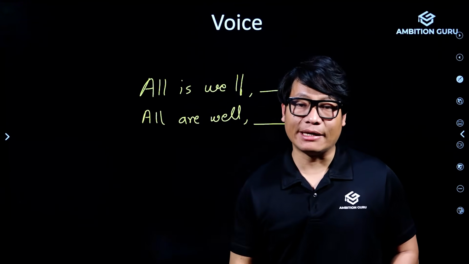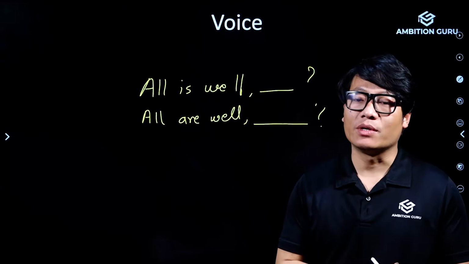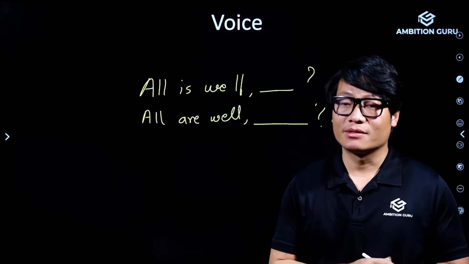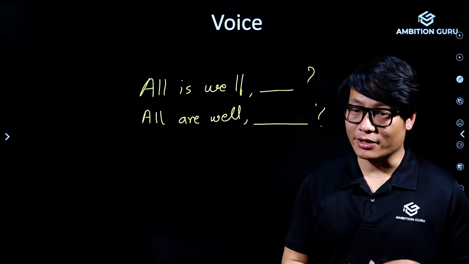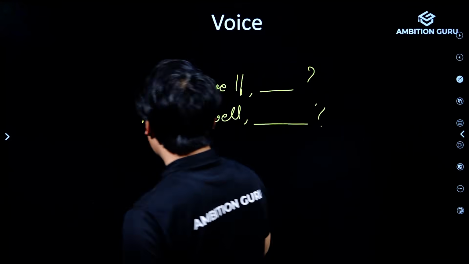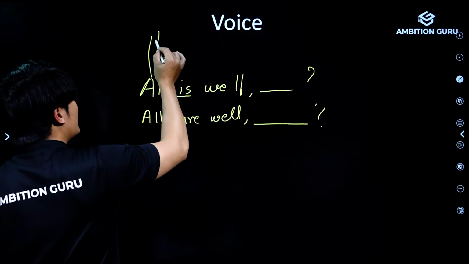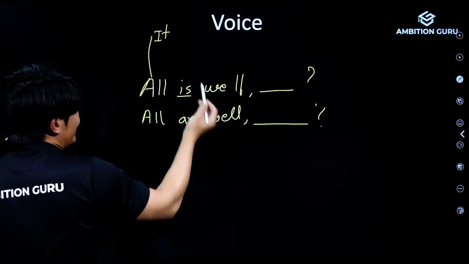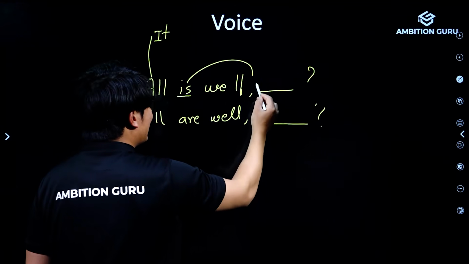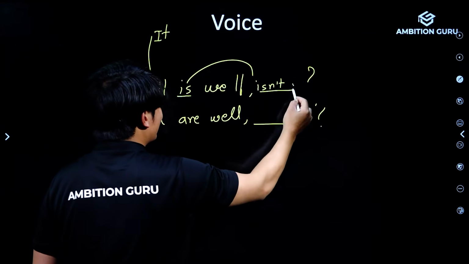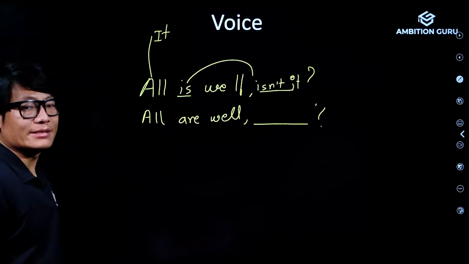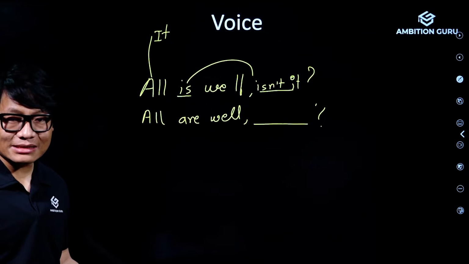Very good answers. When there is or was, this all should be changed into it. So the answer is isn't it. Clear? All is well, isn't it?